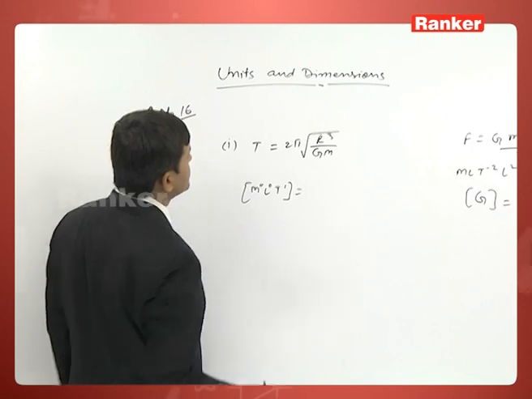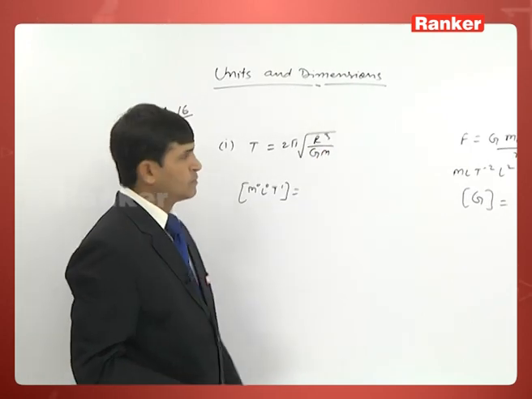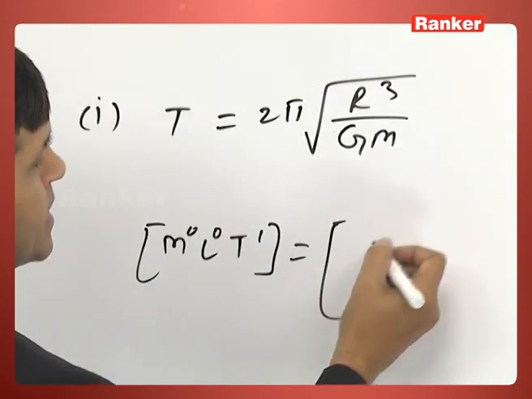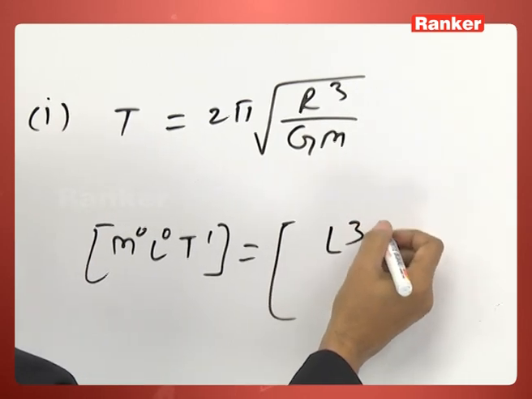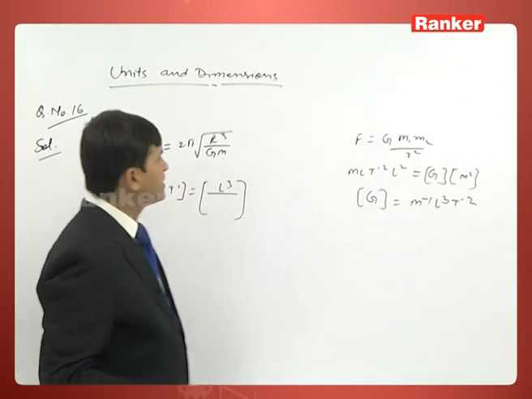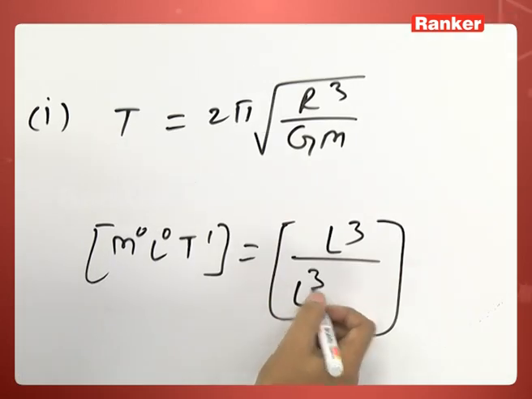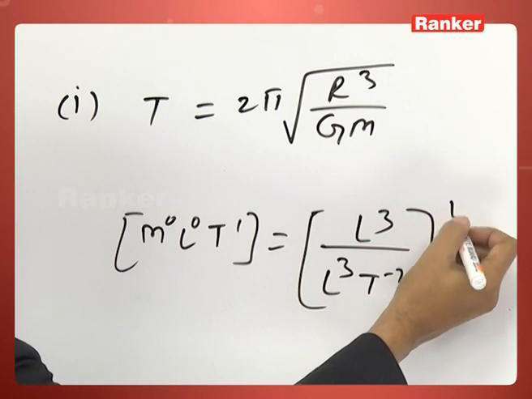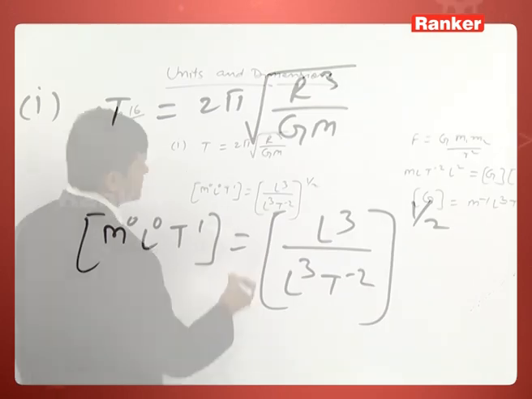Right hand side, dimension of r cube. R is length, cube by G into m. G into m, when we write, is L^3 T^-2. This is the whole power 1. So check it.